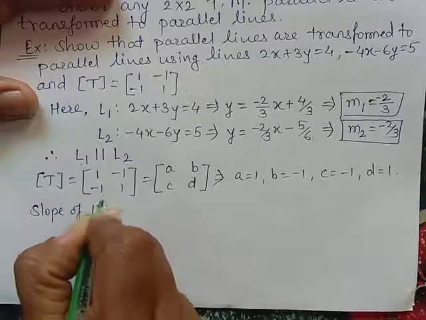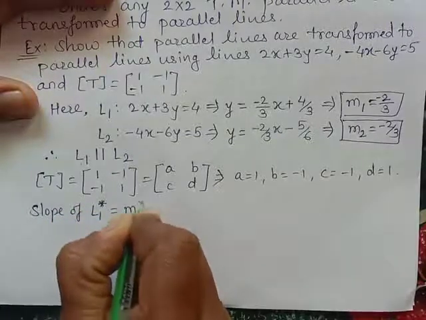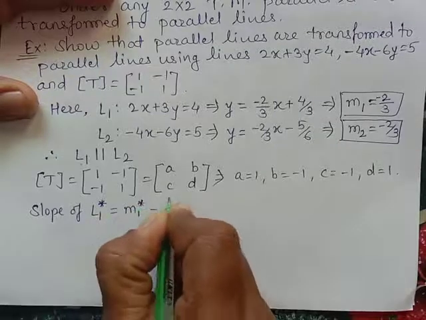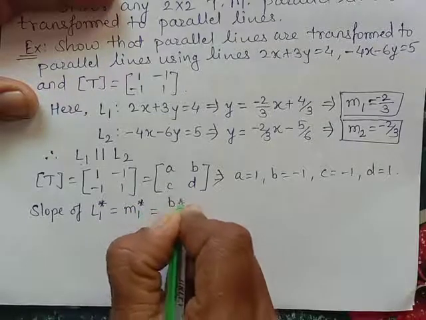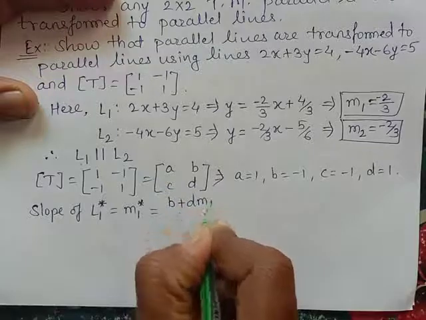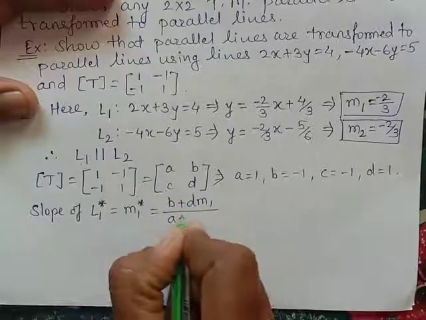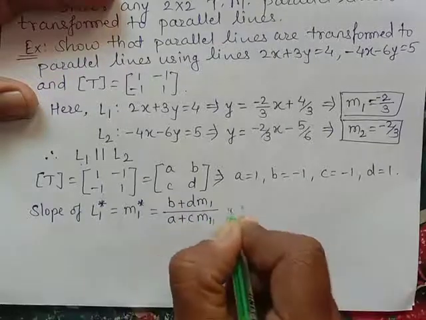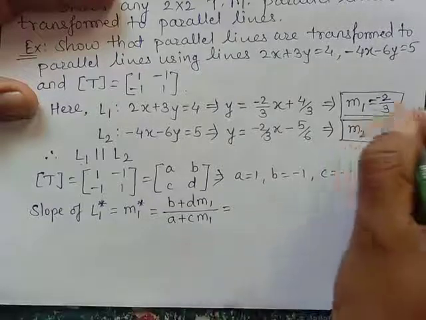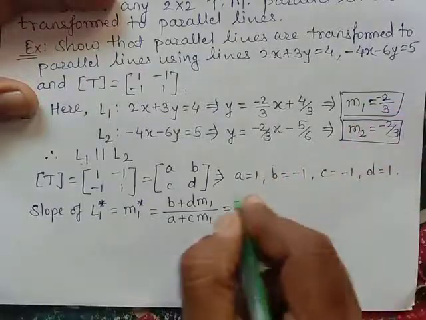L1 star, that is, suppose M1 star. What is the result for that? B plus D M1 upon A plus C M1. So this is our M1 and A, B, C, D are here.